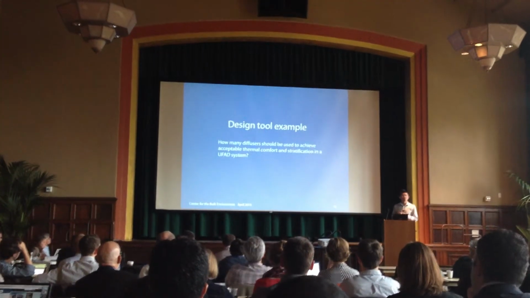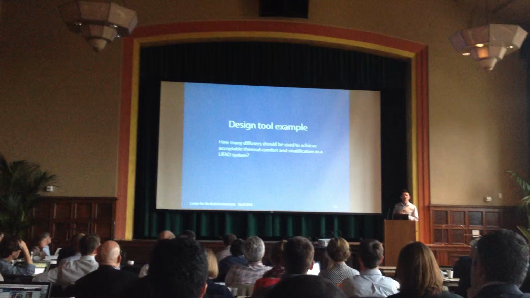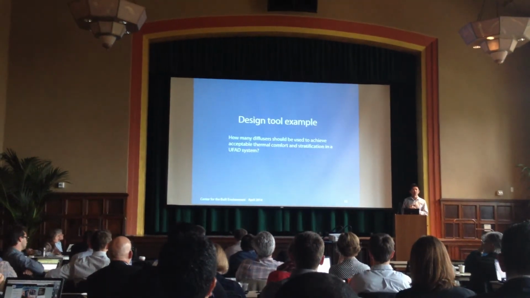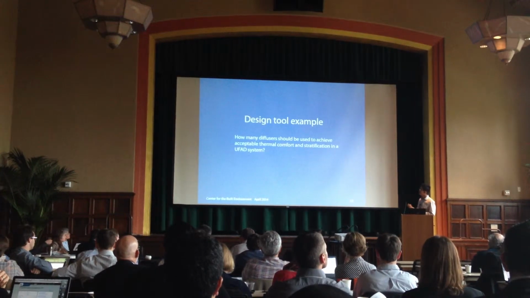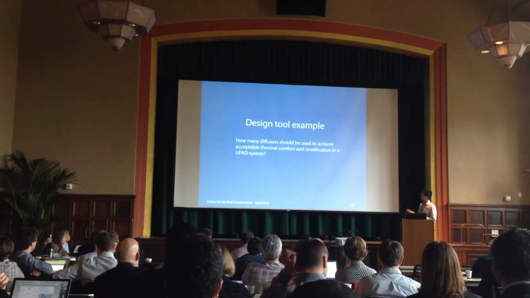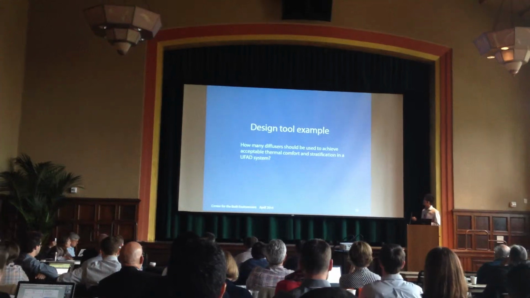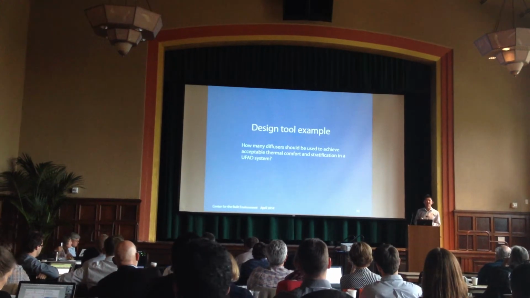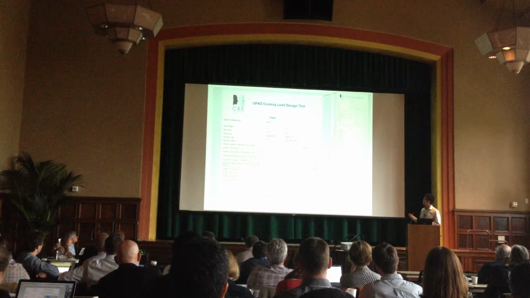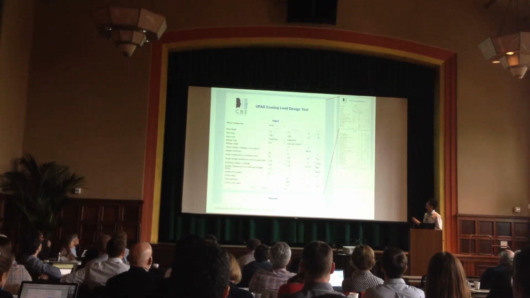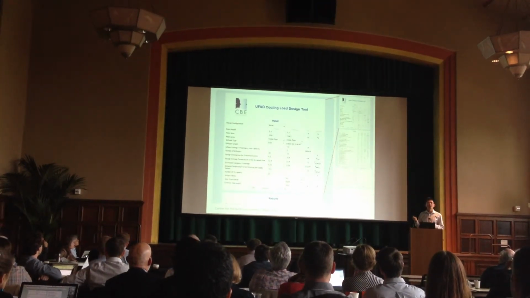Okay, now I'm going to show you an example to illustrate how users can use this design tool to answer this question: how many diffusers should be used to achieve acceptable thermal comfort and stratification in UFAD systems? This is the user interface of this UFAD cooling load design tool. It has 3 panels.